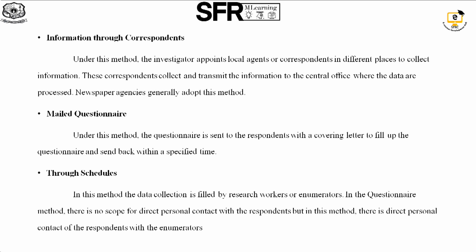It means the head investigator is one person who allots the work to the persons under him. The persons under him collect the data and give it to the head investigator. Newspaper agencies use this method because they have news reporters, and the news goes to the editor and then to the head of the newspaper department.